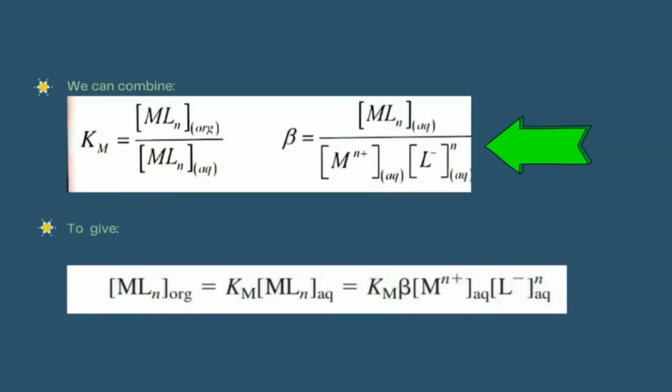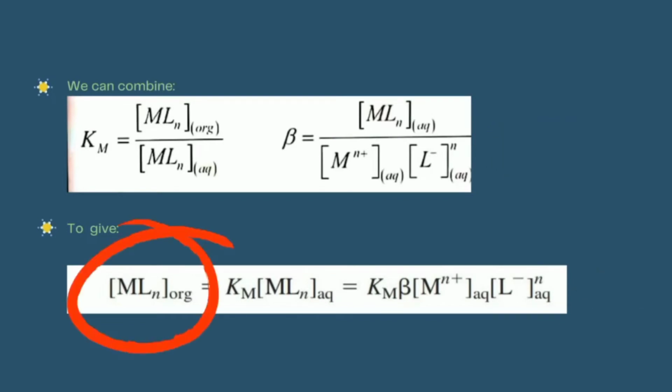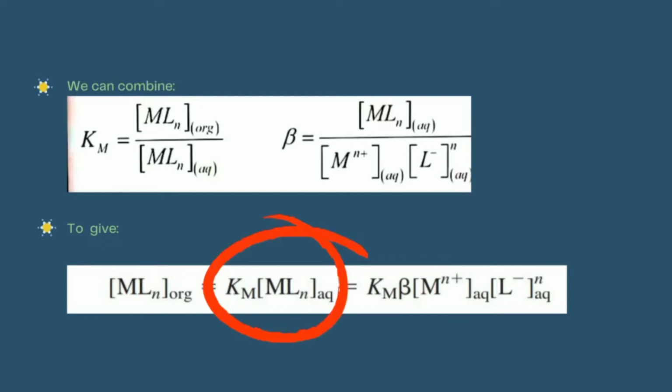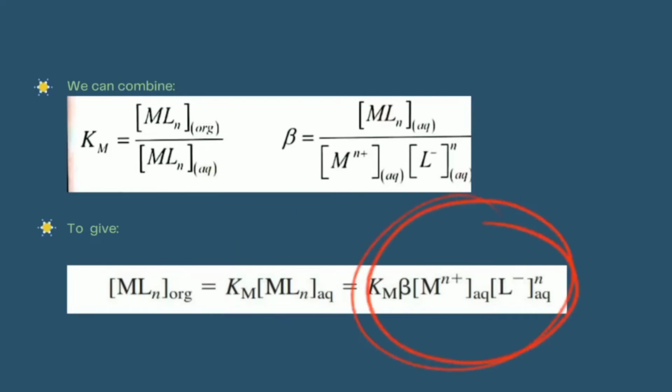We can combine these two equations to give us this equation down here, where the concentration of our metal ligand complex in the organic phase is equal to K sub M times the concentration of our metal ligand complex in the aqueous phase, which is equal to K sub M times beta times the concentration of our metal ion in the aqueous phase times the concentration of our ligand in the aqueous phase.